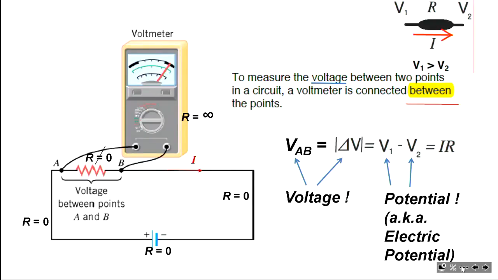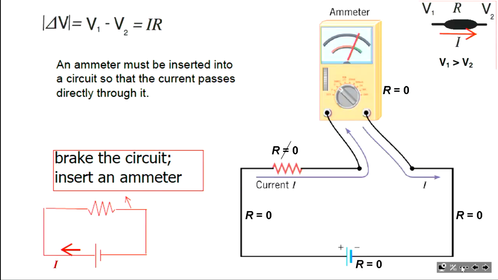But if I want to measure electric current, I need to count the number of electrons traveling through. It's like a water meter. So charges must travel through this device.